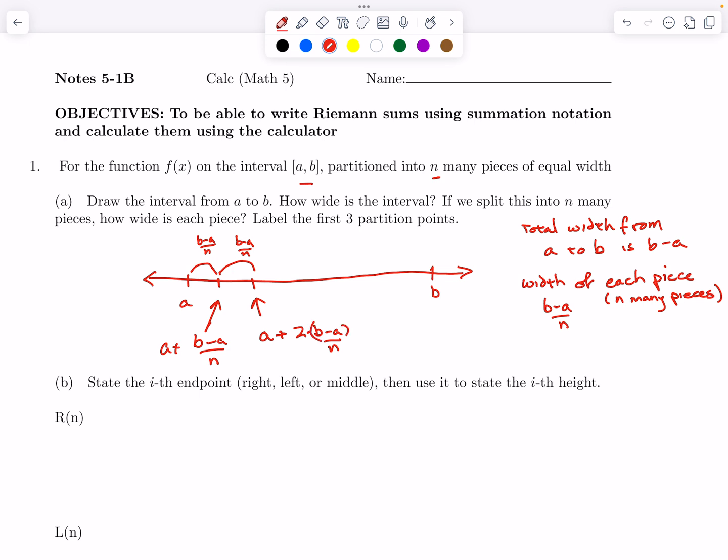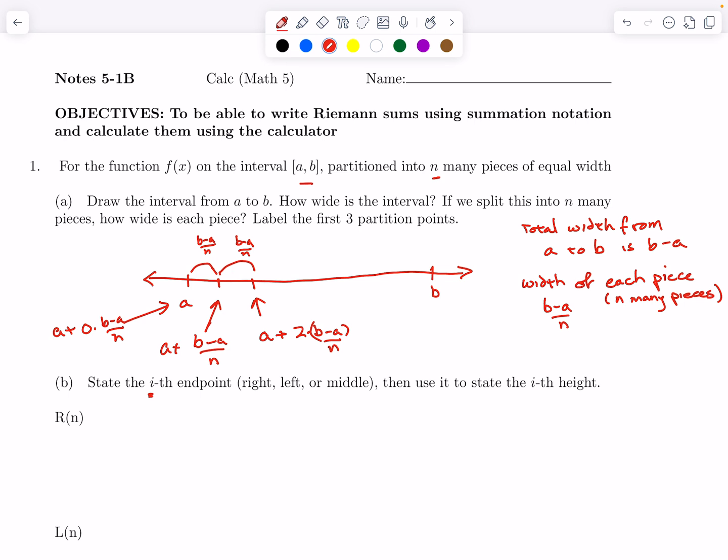Okay, so now we're going to use some notation, and I'm going to figure out a general ith endpoint. Notice that I can take this left endpoint as A plus 0 B minus A over n's, if I want to do it that way.